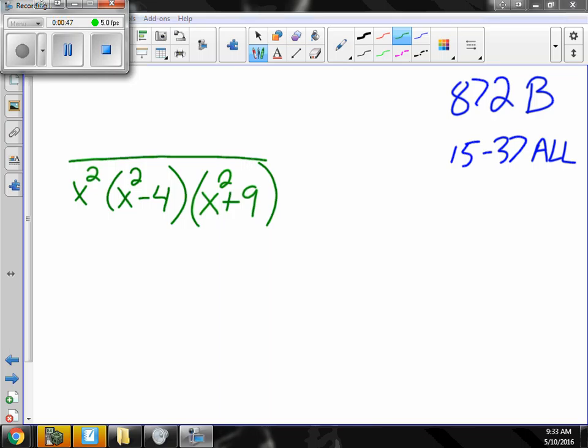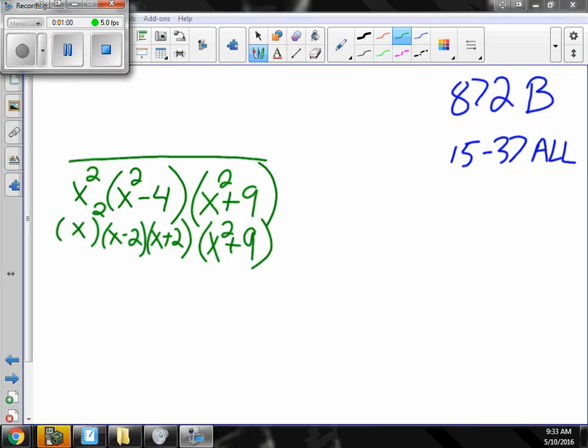So this is 2 copies of x. This is x minus 2 and x plus 2. And then I have x squared plus 9, which does not factor. So the bottom has 4 unique factors, even though its degree is 2, 3, 4, 5, 6.